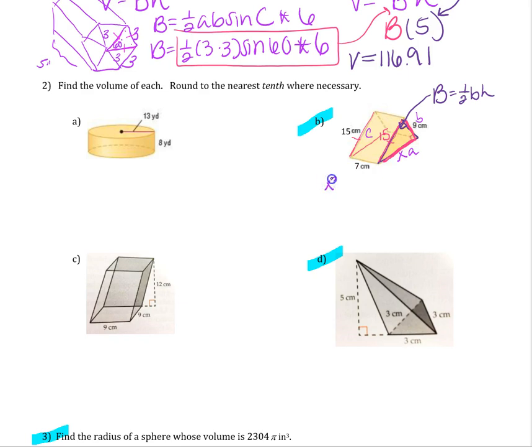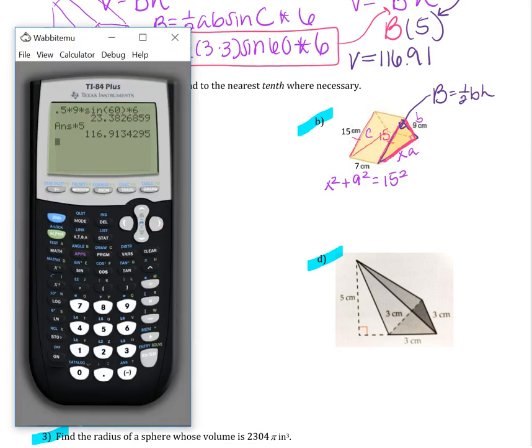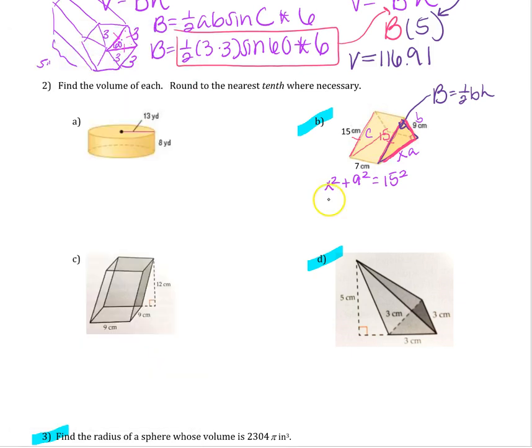So I've got x squared plus 9 squared equals 15 squared. So you're going to be doing 15 squared minus 9 squared, which is 144, and that should be ringing bells in your head because that's a perfect square, which is 12. So at this point I know that's 12.